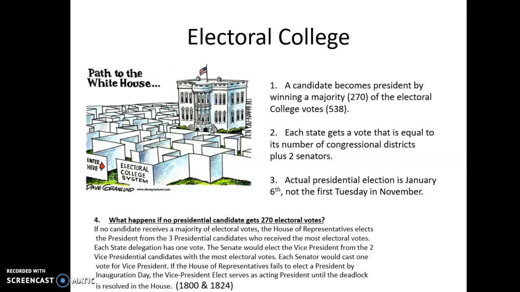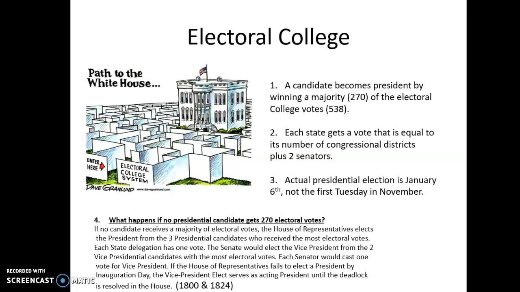All the 50 states' electoral college votes are added up, and the total is 538. And the person that wins the presidency is the person that wins 270 of those 538 electoral college votes.